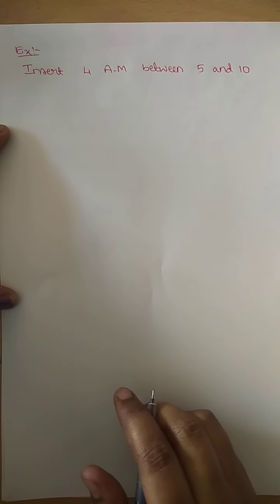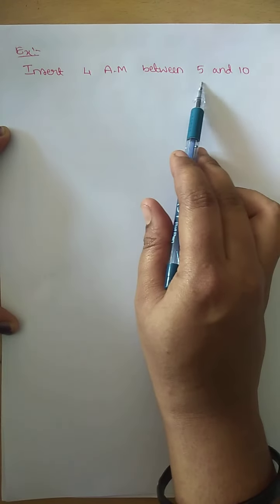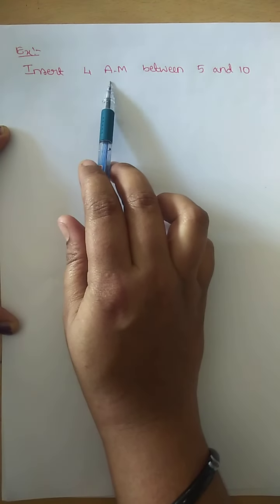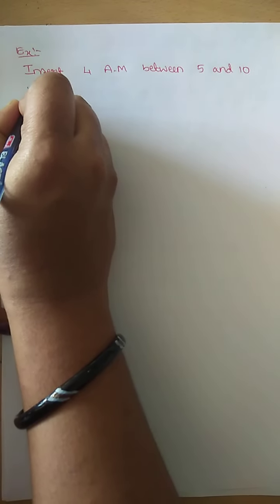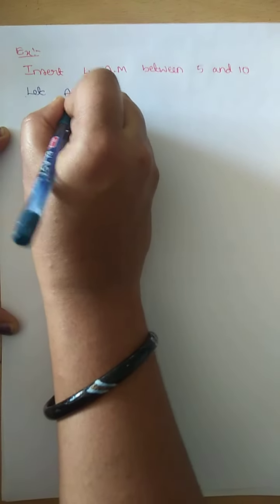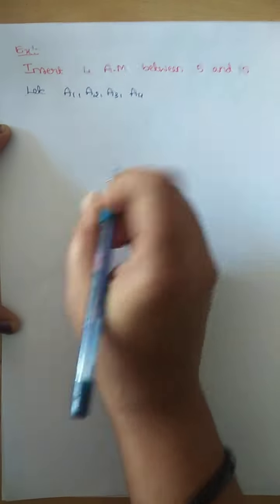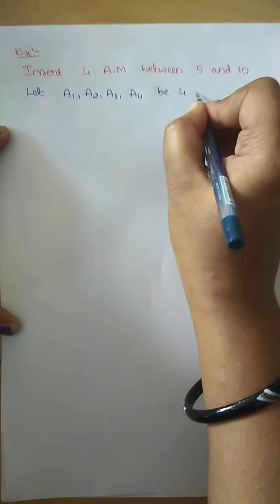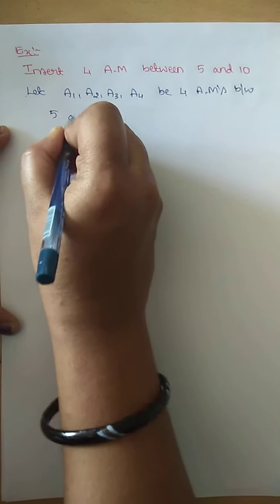Okay, let us consider one example. Insert 4 arithmetic means between 5 and 10. This is a very important question for 3 marks. Let us consider those 4 arithmetic means as a1, a2, a3, a4. Let a1, a2, a3, a4 be 4 arithmetic means between 5 and 10.